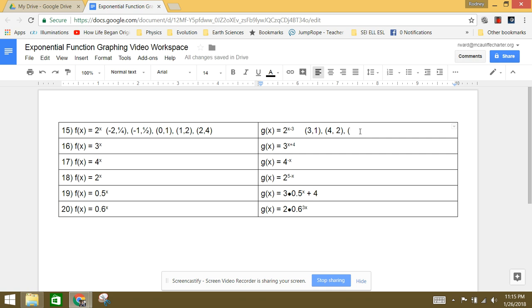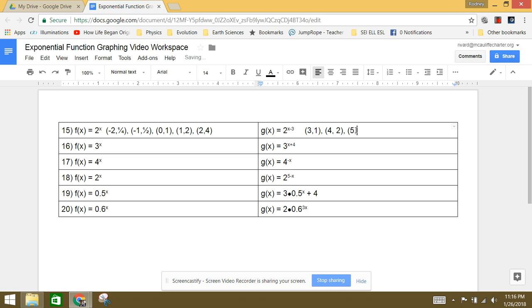Once again, let's try this out. Maybe the pattern works for this. Instead of going from -2 to +2, we started with 0, 1, and with g of x, 3 has the same effect as 0. So maybe instead of from 0 in the middle over to 2, we've got 3 in the middle over to 5.